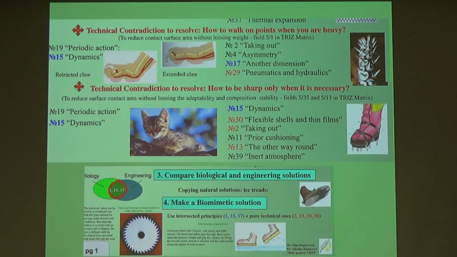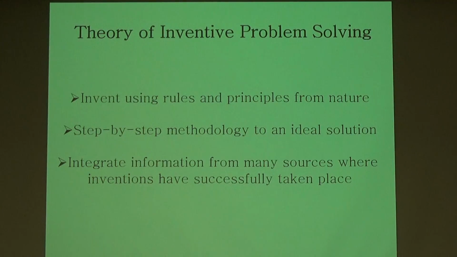So it just goes like that, and then with the TRIZ system, you can use biology as the inspiration. You can also draw in those patents as well and combine the two to get a really good resolution to the problem. So you compare the biological, engineering, and then come to some sort of biomimetic solution. So that's that theory of inventive problem solving.